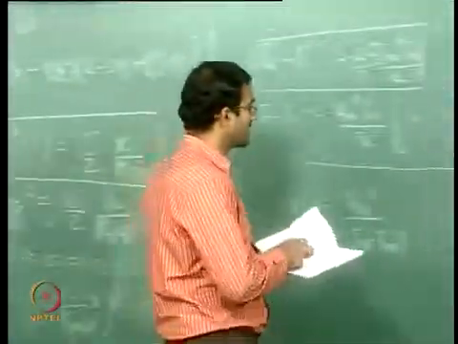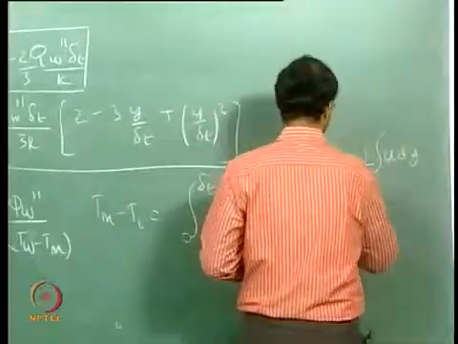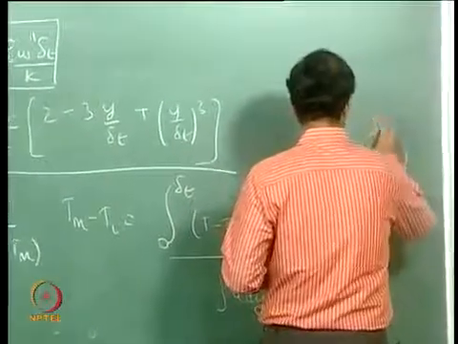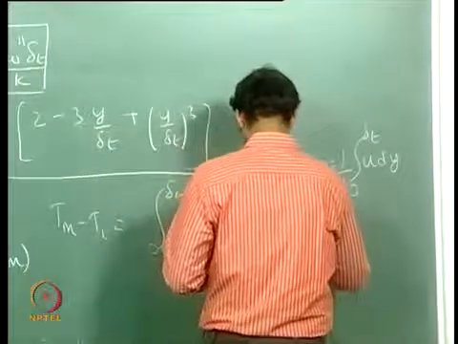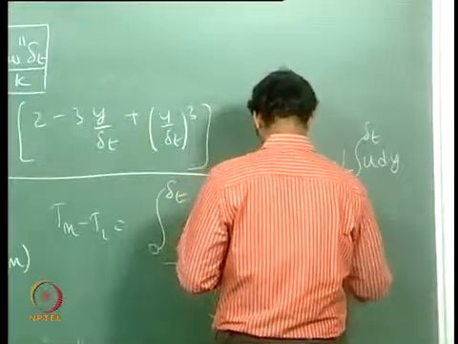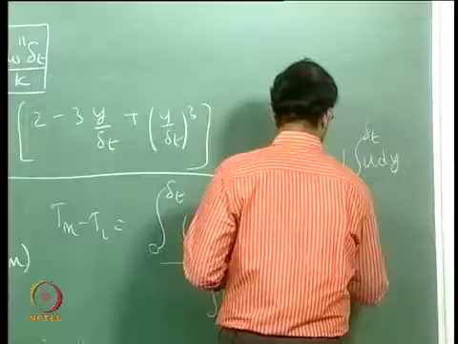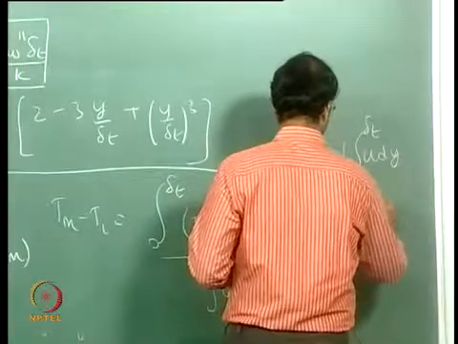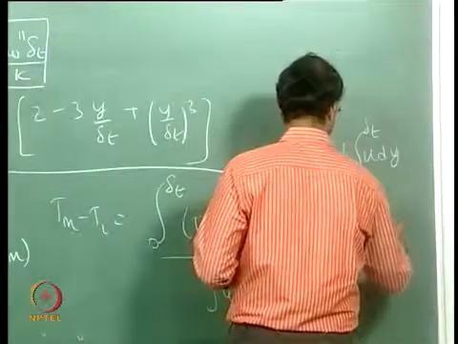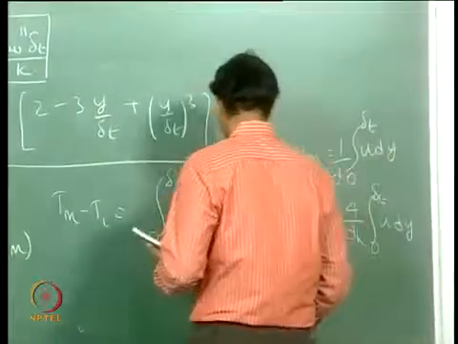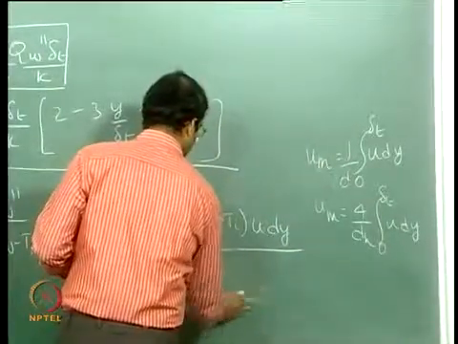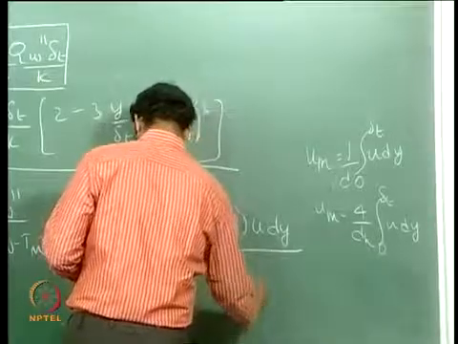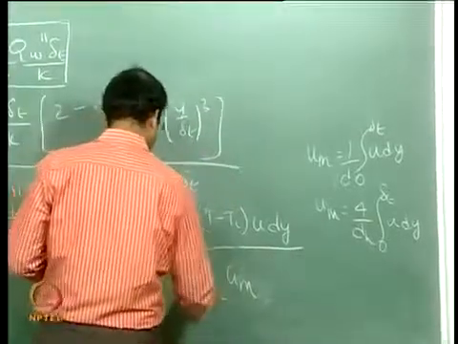I can actually replace this as 1 over d, and my d will be dh by 4, so therefore my um will be 4 by dh integral 0 to delta T of u dy. So this can be written as um into dh by 4.